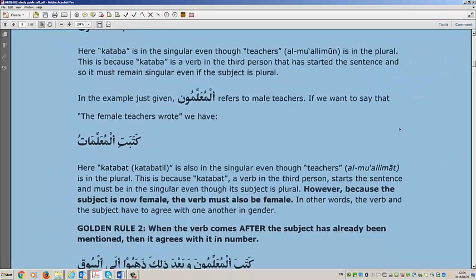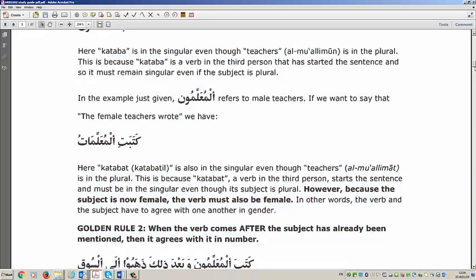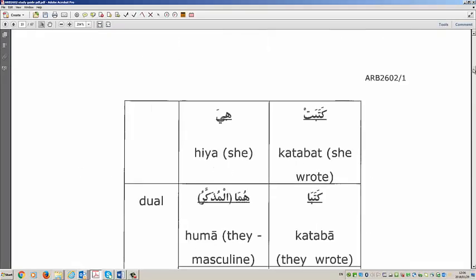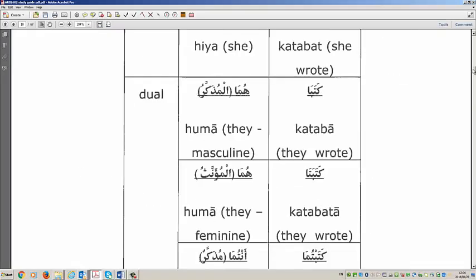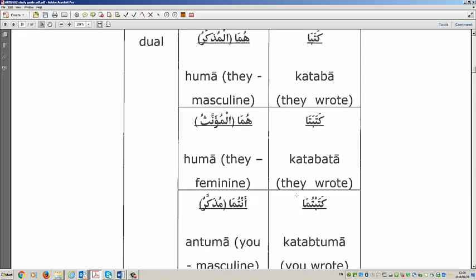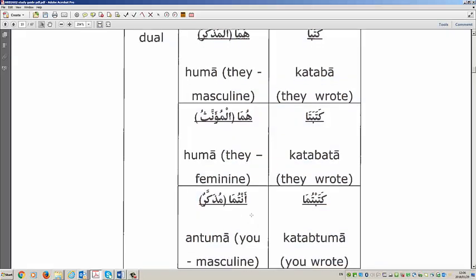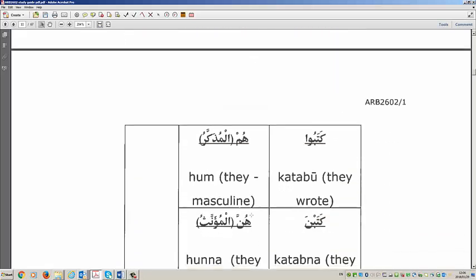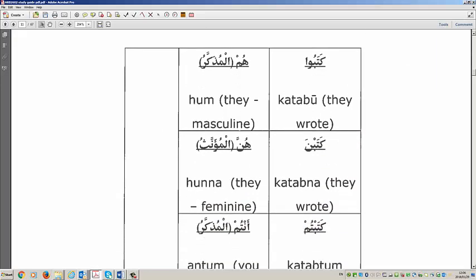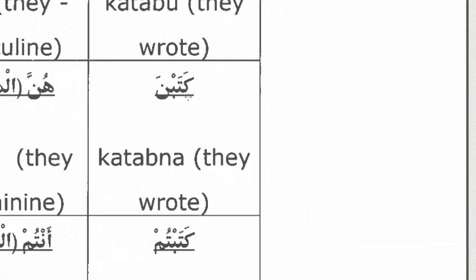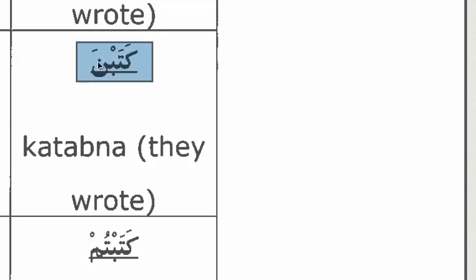As you will see in the table, if you just go further down, katabna refers to plural. They wrote for females, katabna.